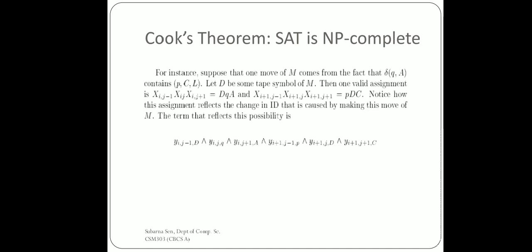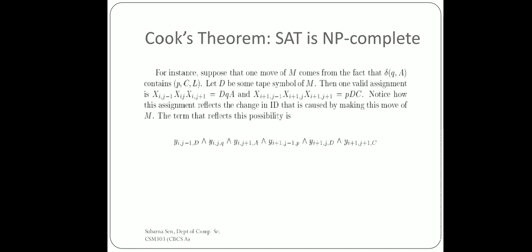Then for the first case, for the three symbols Xi,j-1, Xij and Xi,j+1, we will replace them with dqa. So d is any tape symbol, let us assume it as Xi,j-1, and another tape symbol is a, which is Xi,j+1, and q is my state symbol, which is Xij.